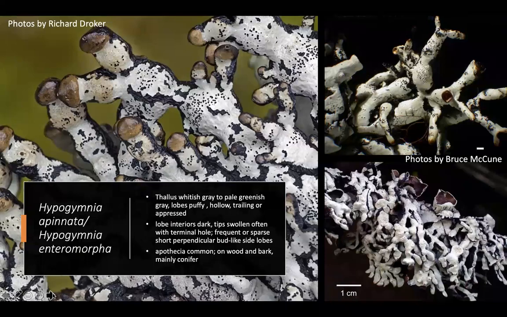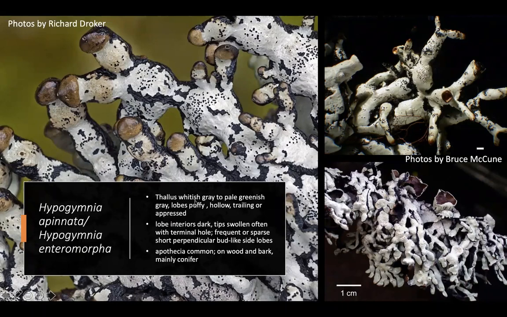Next, we have kind of a species complex, so I'm going to allow you to consider these similar enough that we're going to just group them together. That's Hypogymnia appinnata and Hypogymnia enteromorpha. What are some characteristics of this Hypogymnia? I always think of it as having a really nice soft papery texture and being quite puffy.